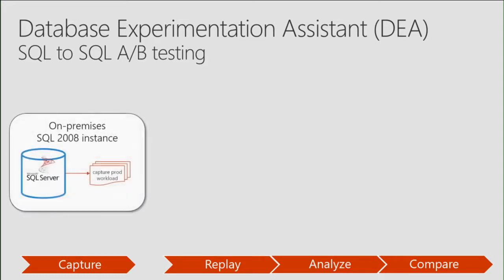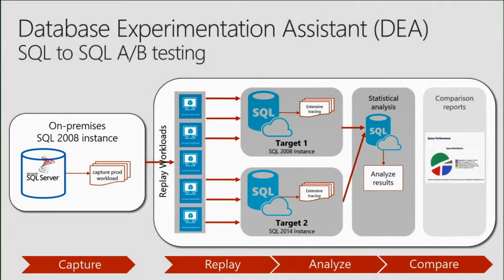Okay. So DEA is the Database Experimentation Assistant. How many of you are familiar with this tool? Zero. And let me also add on the DMA thing. If you get a warning and this is a big problem for us, please send an email to us and say, you guys suck, and please fix this, because this shouldn't be happening.